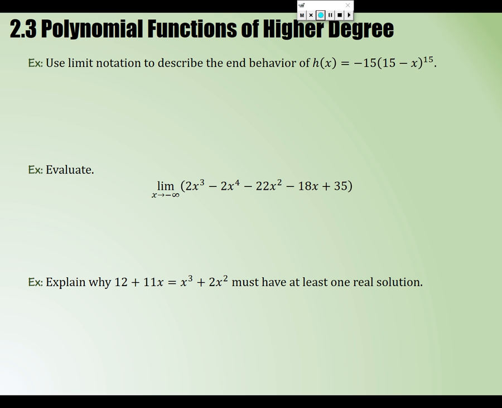The limit is x goes to infinity and negative infinity. Okay. Anyone? I'll take a volunteer on the first one.